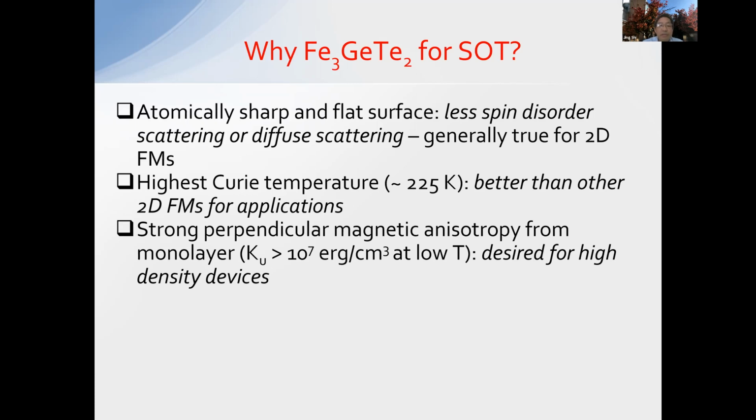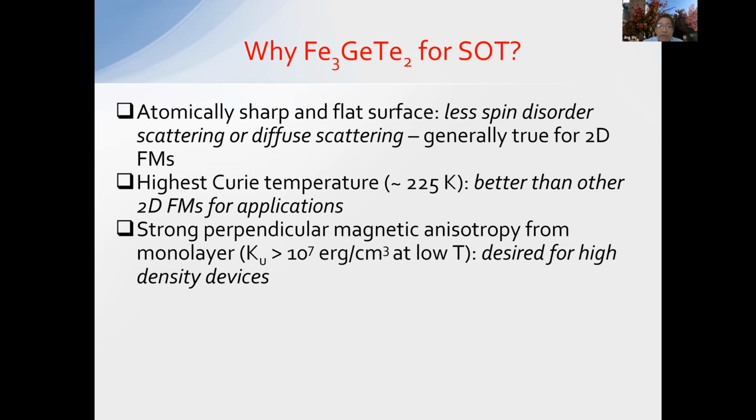Then there is a very unusual property: FGT has a very strong perpendicular magnetic anisotropy. That comes from actually the monolayer unit. The anisotropy at the lowest temperature, we can calculate, actually agrees with the theoretical prediction, calculated to be larger than 10 to the 7th erg per centimeter cubed.